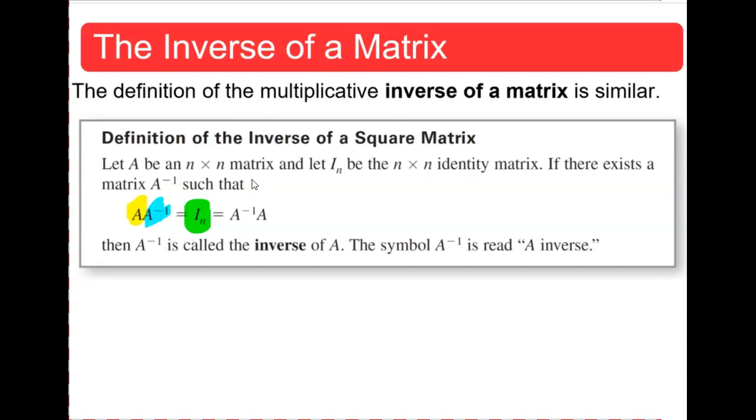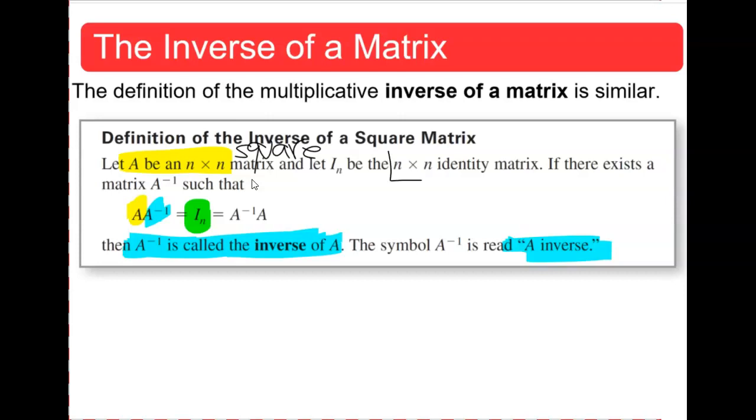And remember, A with the negative 1, as it looks like an exponent, means inverse. Inverse of A, or we can say A inverse. Also important to remember, matrix A, the original, must be n by n, meaning that it is a square matrix.